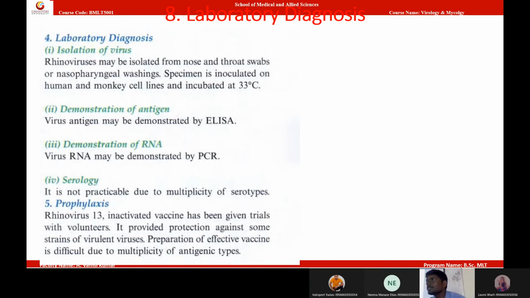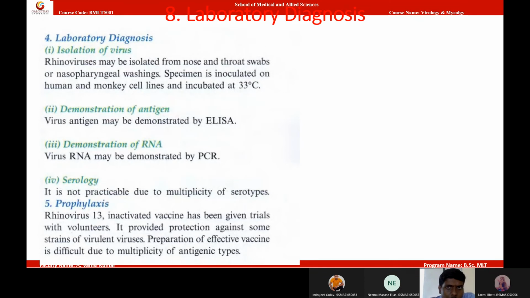And lab diagnosis. Write down the lab diagnosis. First one is isolation of virus. From where can you isolate this virus? From throat swabs, okay? Nose or throat swabs, or even from nasopharyngeal washings.